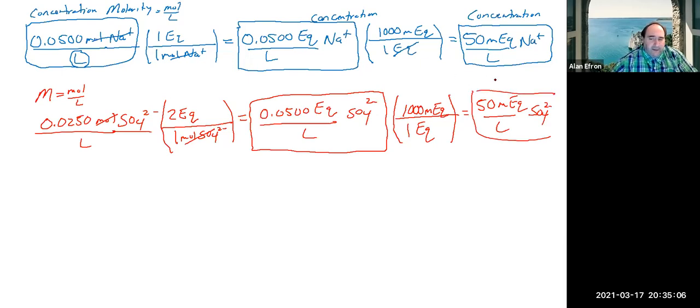This would be the concentration in milliequivalents per liter of sulfate. This would be the concentration of sulfate in equivalents per liter. And this original one would be the concentration of sulfate in molarity, which is moles per liter. First off, any question on that calculation there?